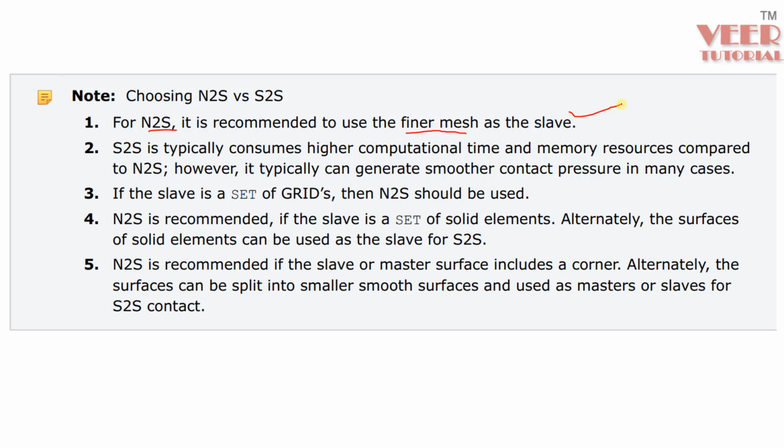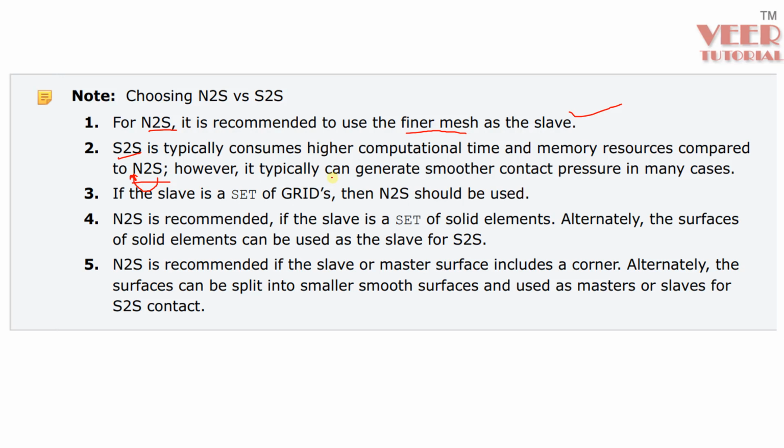Whenever the mesh is very fine for the slave surface as compared to the master, we need to select N to S. Second thing is S to S typically consumes higher computational time and memory as compared to N to S, because in S to S it is going to create contact between two surfaces. But here you can see a surface is going to create contact with a node. Creating contact with a node is easy because we have one single node.